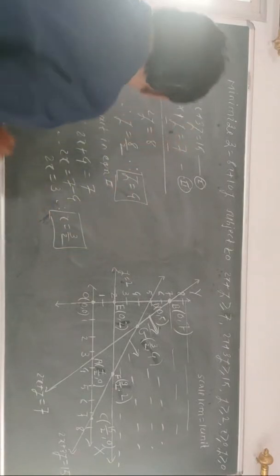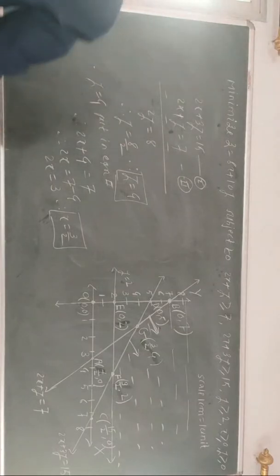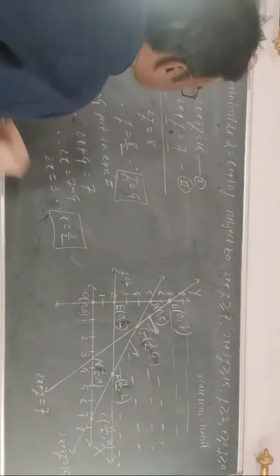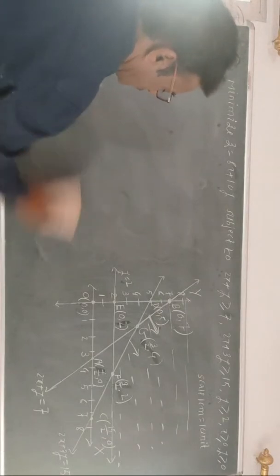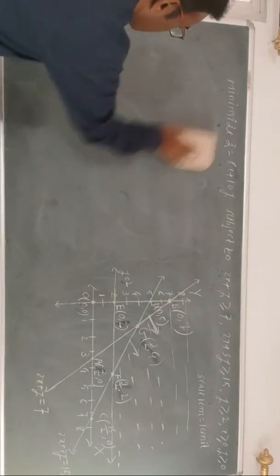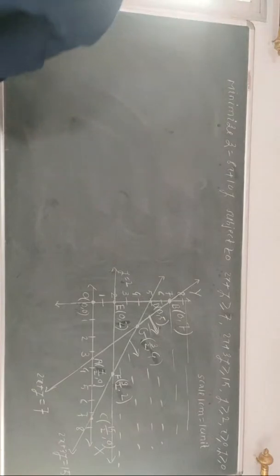So we find the minimum value of the objective function on the vertices of the shaded region.